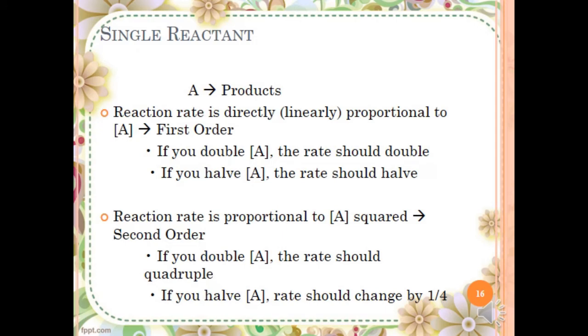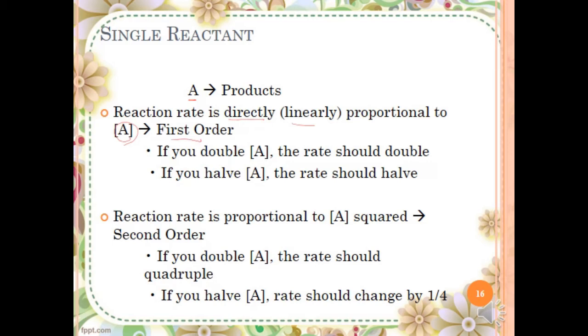Like in this example here, this is an example of a unimolecular reaction where we have one reactant to give us a product. So the reaction rate is directly or linearly proportional to the concentration of the reactant, and that will give you first order.